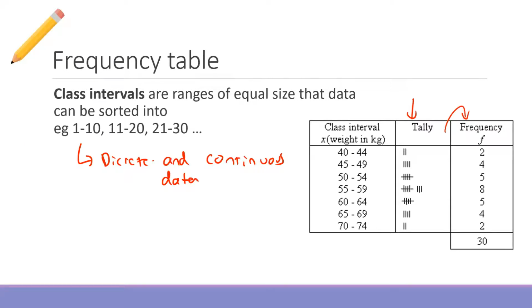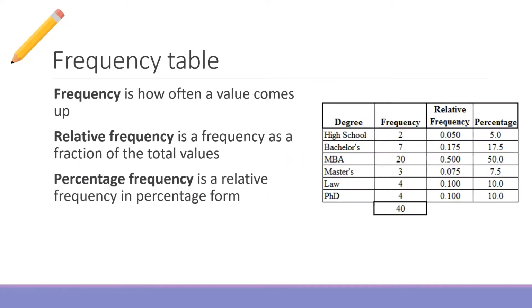Class intervals. The last thing here is to briefly talk about the word frequency. Frequency is a word you're probably familiar with, but let's get a definition down too. Frequency is how often a value comes up or occurs. If we can record that from a tally, how many times did this particular number show up in the data?